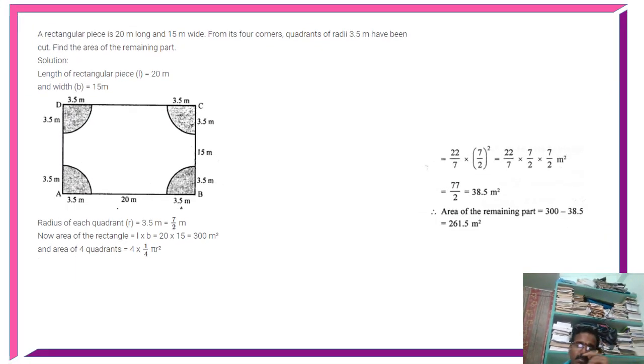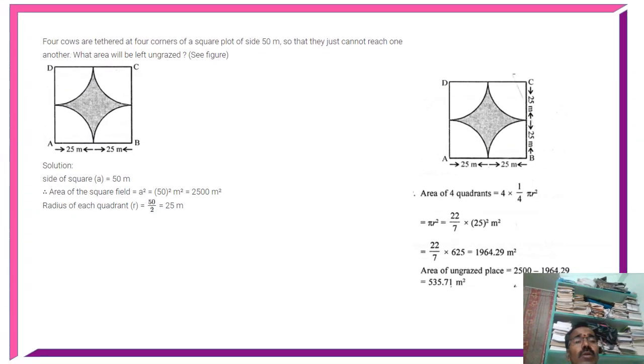In the next slide, it is mentioned to find the same. This is the same model we have done already, so you can approach it the same way. Substitute, simplify; area of the remaining part equals area of square minus rectangle. We have done that model.